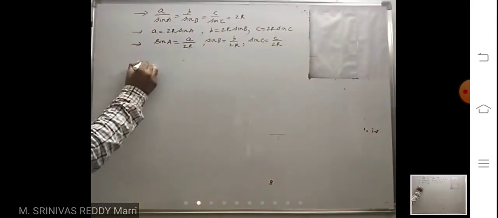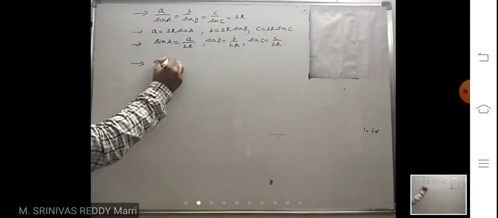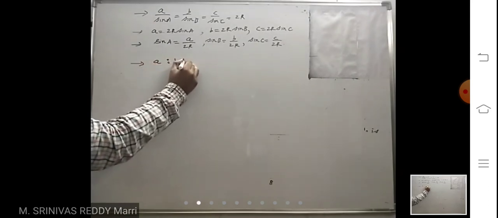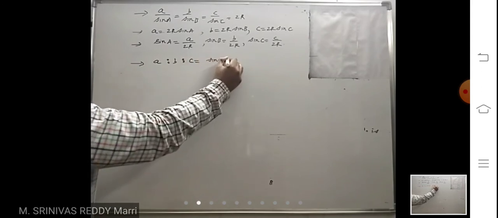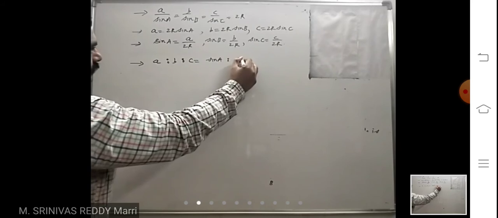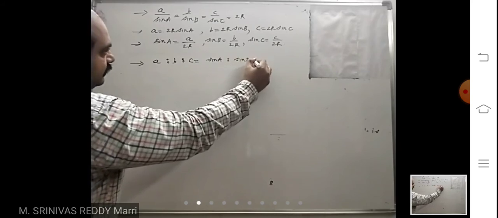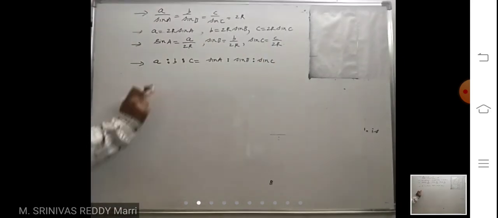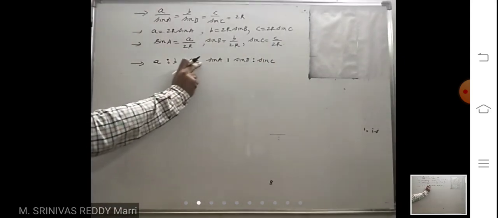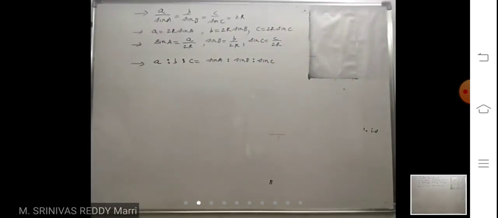Now look at a : b : c, which is nothing but sin A : sin B : sin C. Ratio of sides is nothing but ratio of sines of opposite angles.